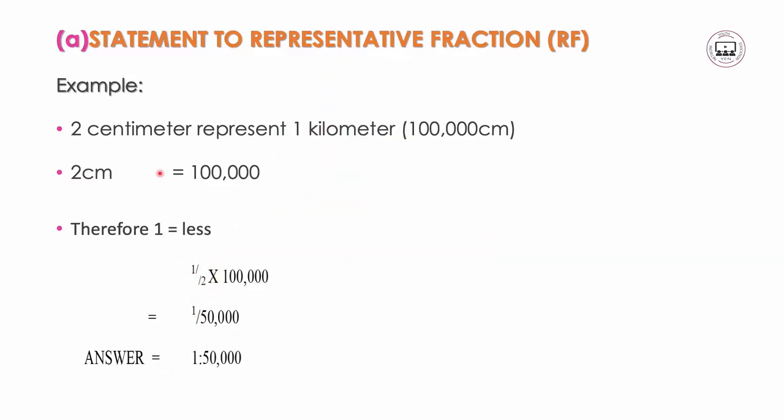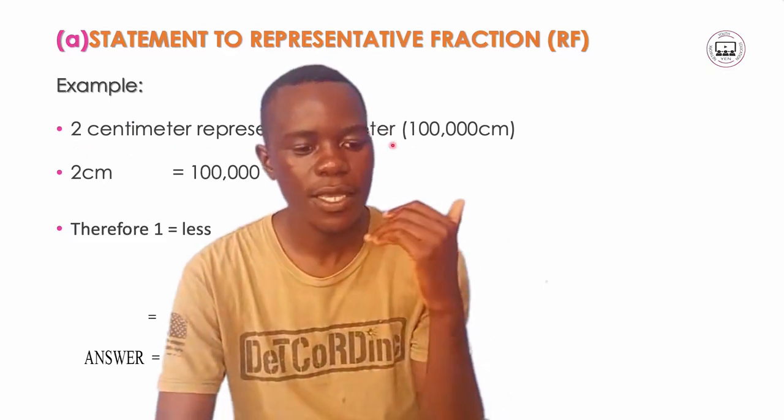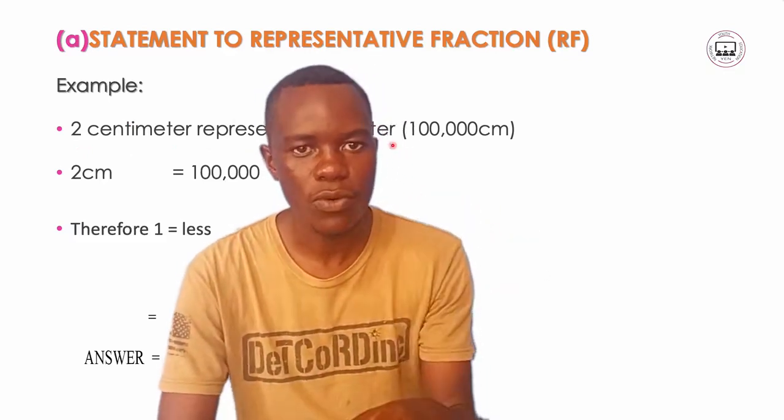So here we have an example: 2 centimeters represent 1 kilometer. So this is a statement scale.